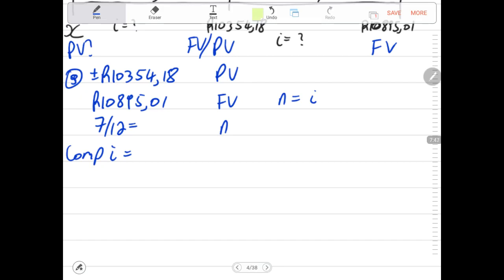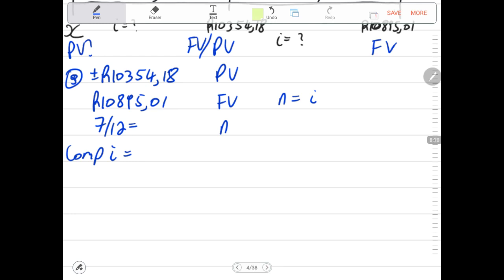We say plus minus 10,354 and 18 cents is our present value. 10,895 rand 1 cent is the future value. 7 divided by 12 is our N. Then we compute our interest.